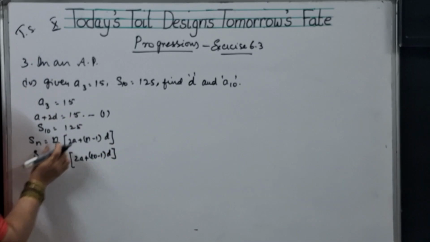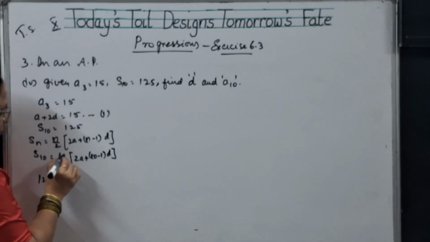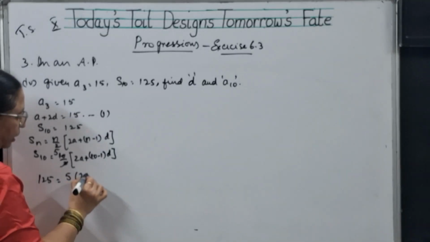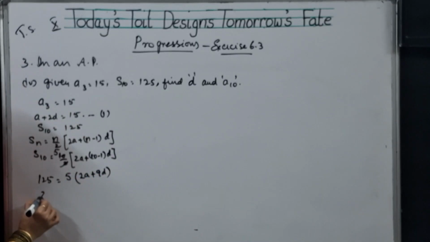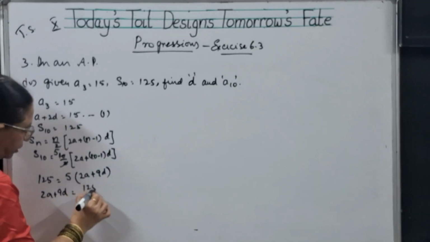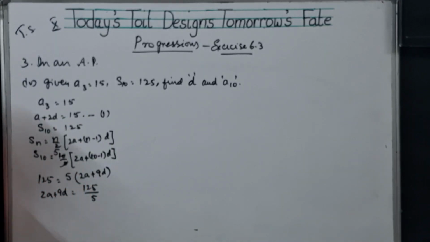S10 value they have given is 125. So 125 is equal to 2 fives are 5 into 2a plus 9d. So what is 2a plus 9d? It is nothing but 125 by 5, multiplication when it goes there becomes division.